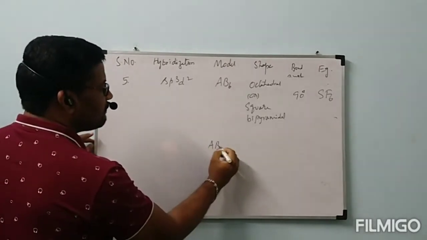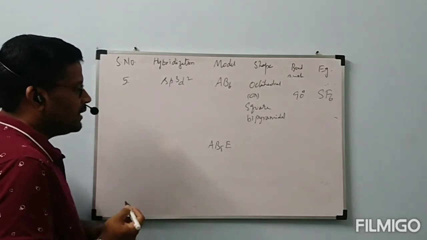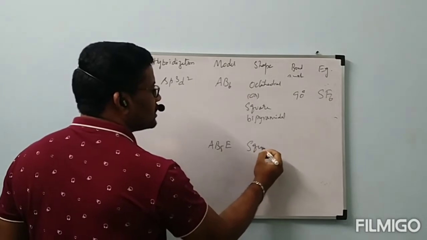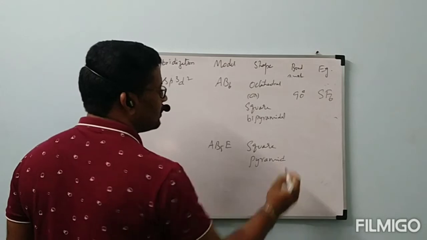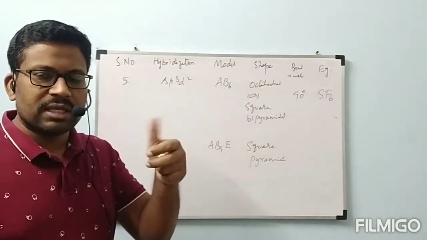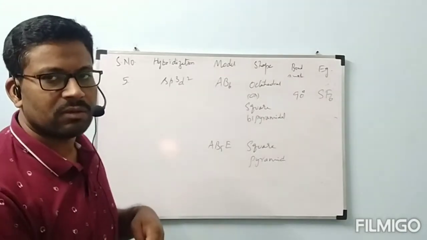Next model AB5E. Shape square pyramid. Previously, in bipyramidal, above the plane lone pair is there. That's why we consider only the square plane with one bond below.